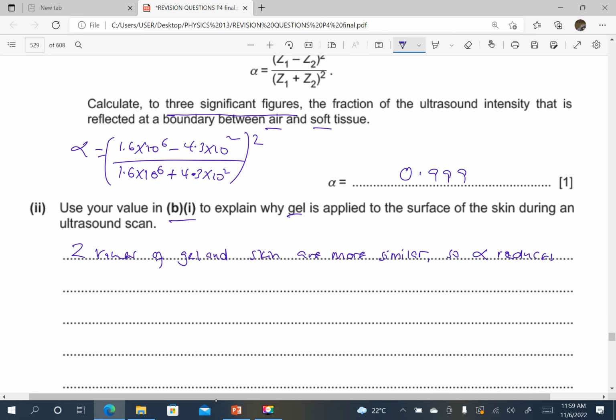And when it is smaller, it means more ultrasound is transmitted than reflected.